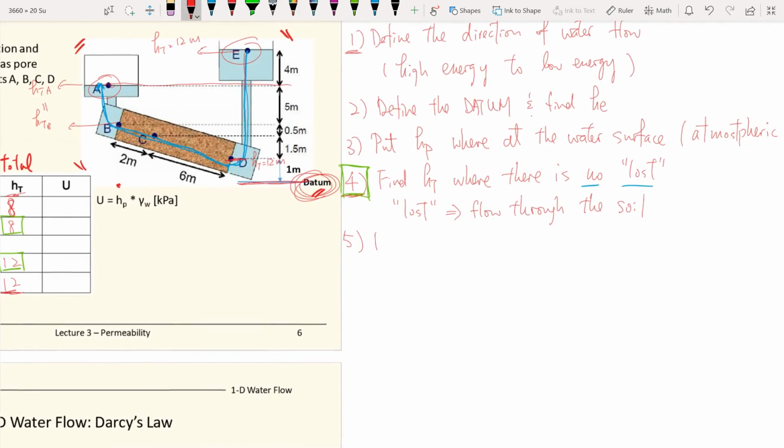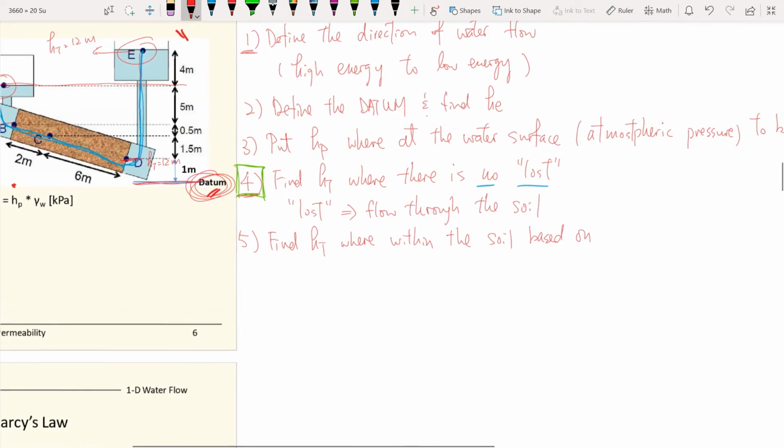where we try to find the total head where the location is within the soil. And we do this based on the concept of proportions.